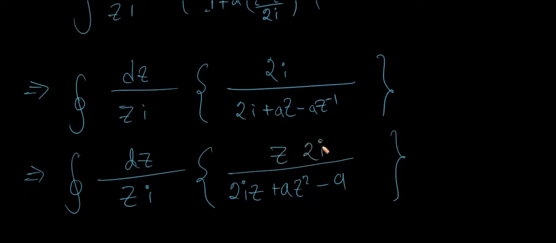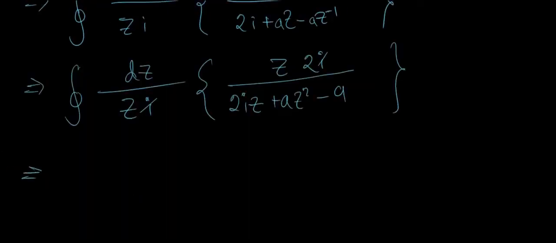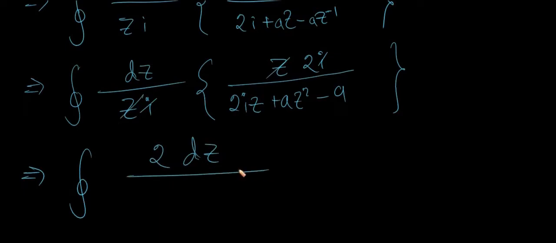Now you can see that this i cancels out. You have a 2. So write the contour integral as, and yes, this z and this z also cancel out. So finally what you have is 2 dz times az squared plus 2iz, and finally minus a, right?